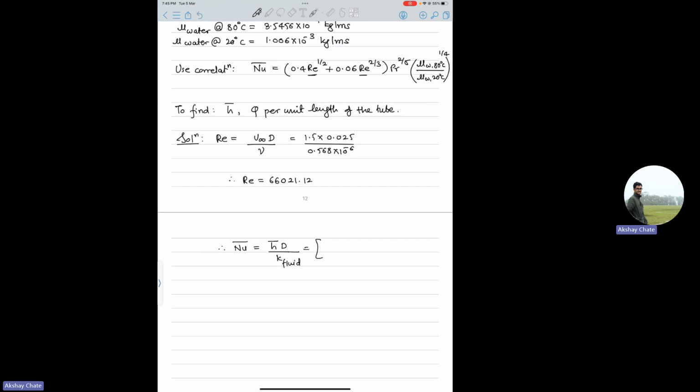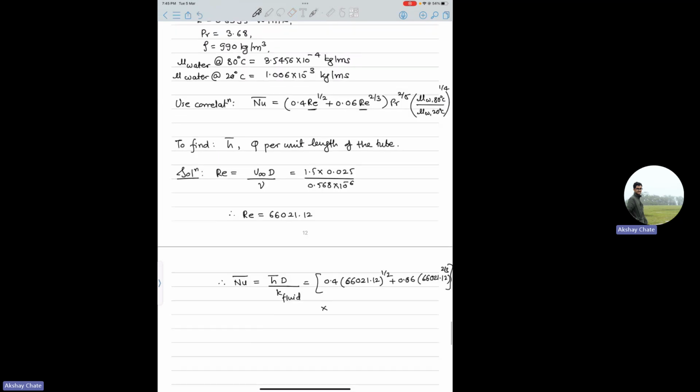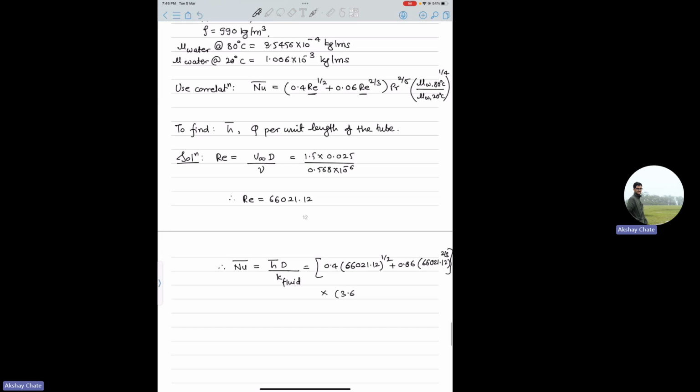The first term will be 0.4 into 66021.12 raised to half, plus 0.06 into 66021.12 raised to 2 by 3, into Prandtl number 3.68 raised to power 2 by 5.